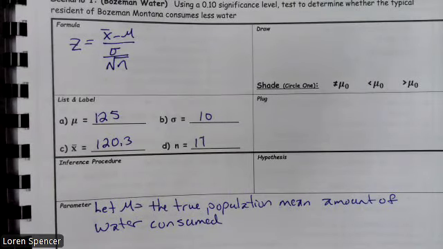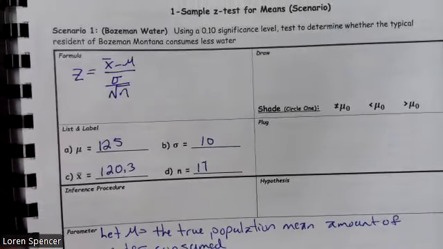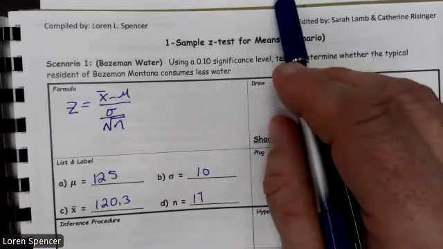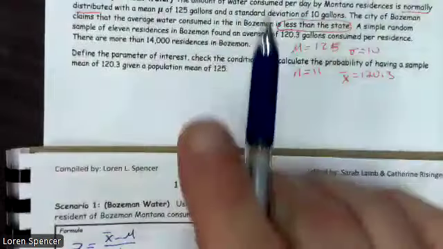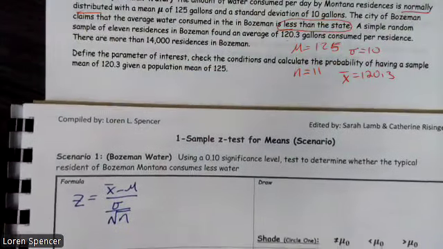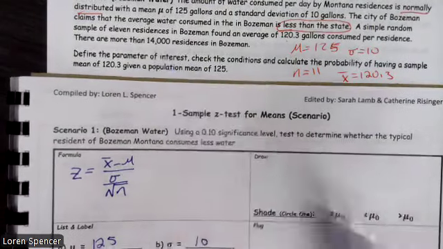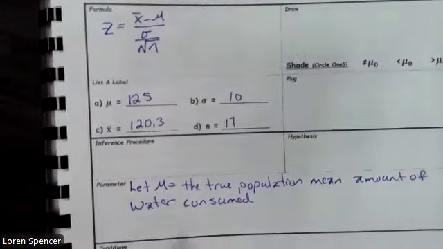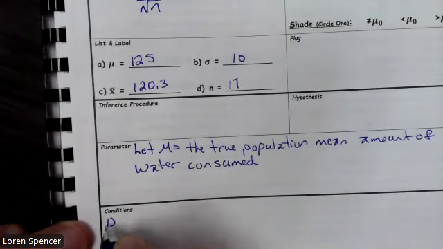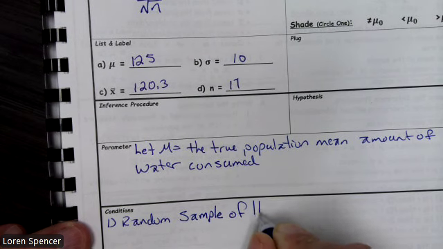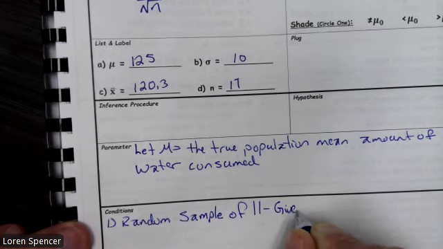The next thing it asks us to do is check the conditions. Well, they told us we have a random sample of 11. So that's our first condition, randomness: random sample of 11, and that was given.